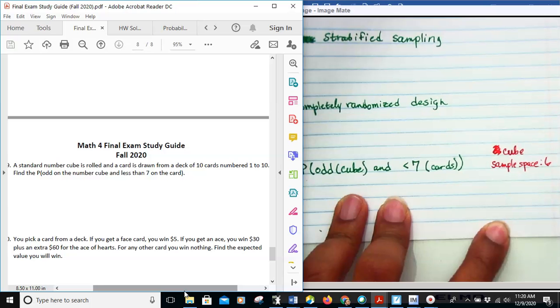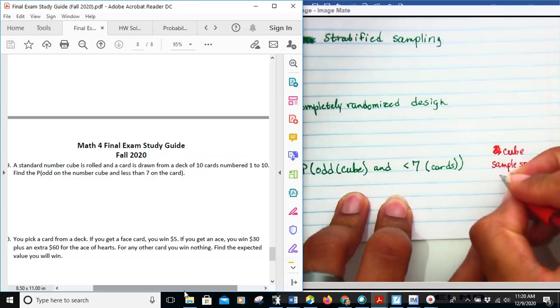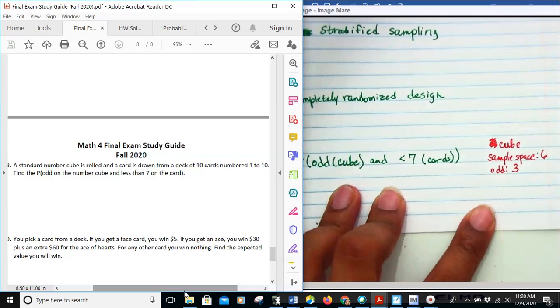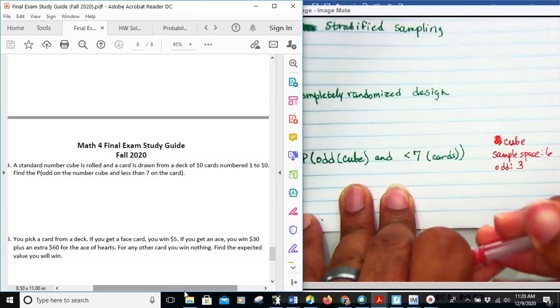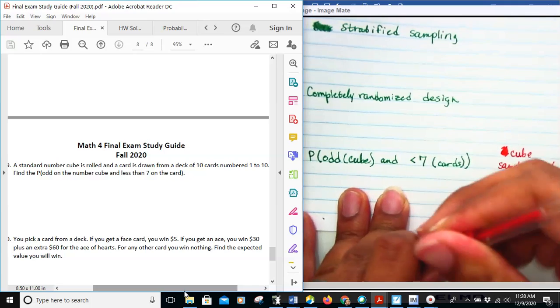If you look at a cube and it's numbered, we have 1, 2, 3, 4, 5, 6. There's only 3 odd numbers on there, 1 through 6. So 1, 3, 5 are your odd numbers.